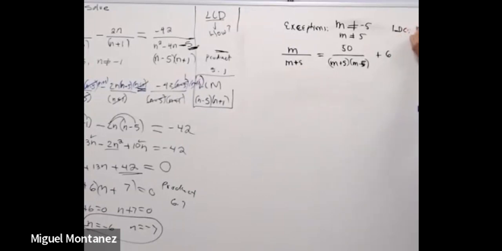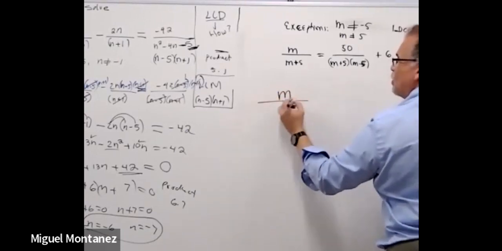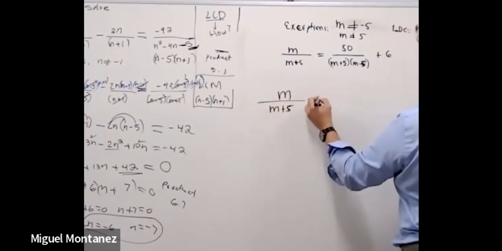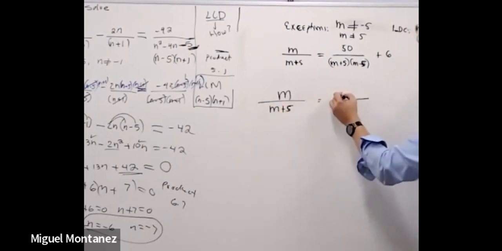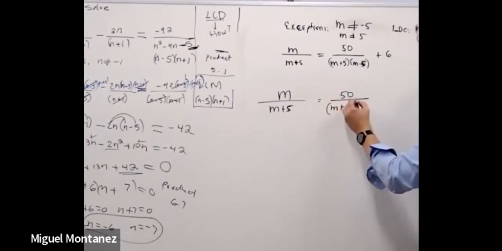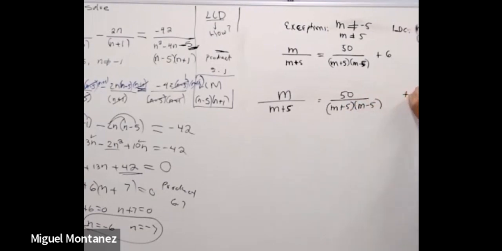Anyway, I need to rewrite: m over m plus 5 equals 50 over m plus 5 times m minus 5, plus 6.